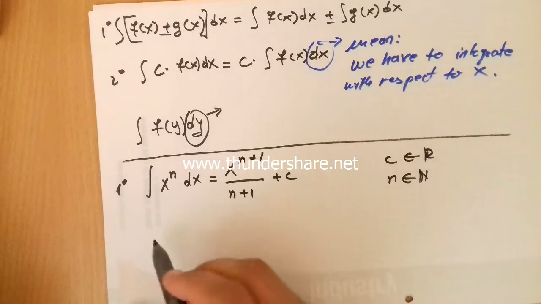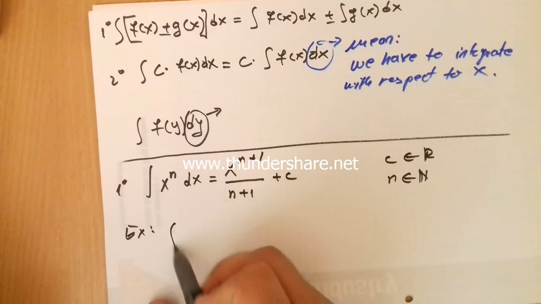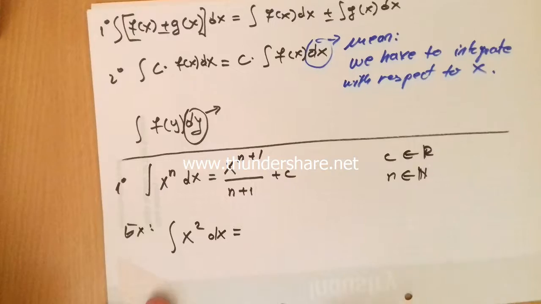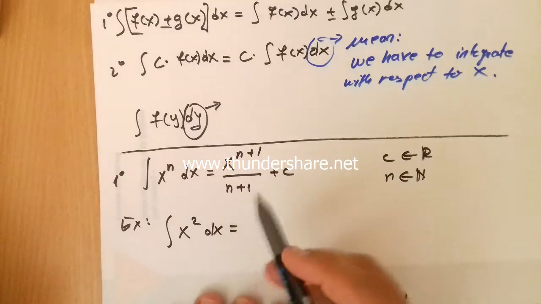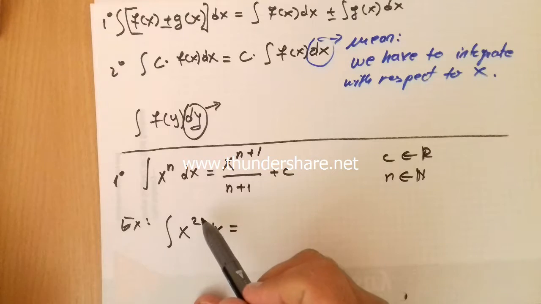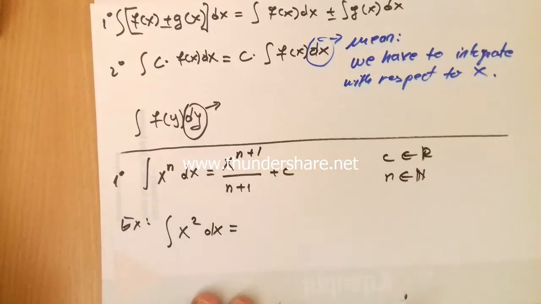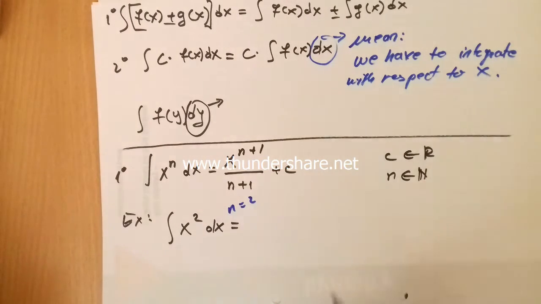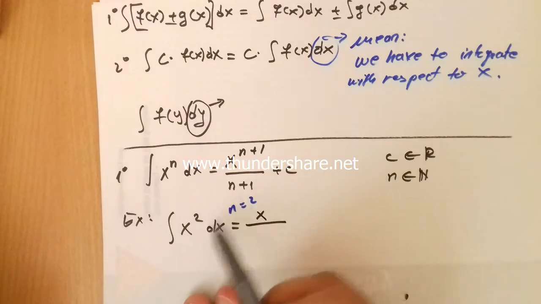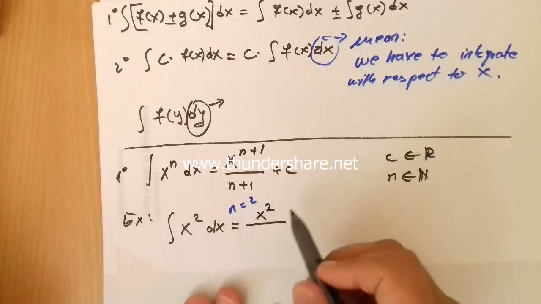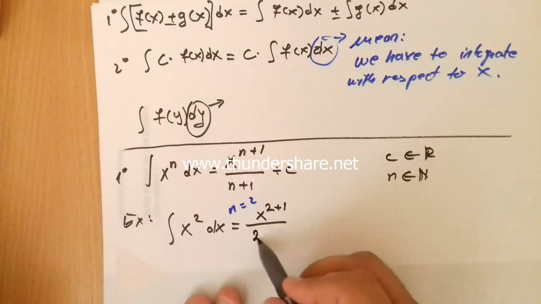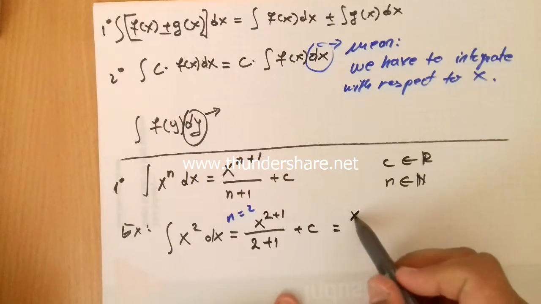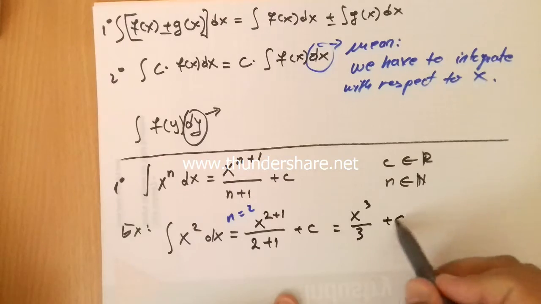For example, the integral of x squared dx: now n is 2, so it would be x to the 2 plus 1, divided by 2 plus 1, plus c. This is equal to x to the third divided by 3 plus c.